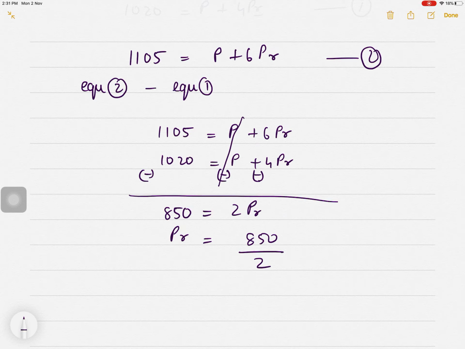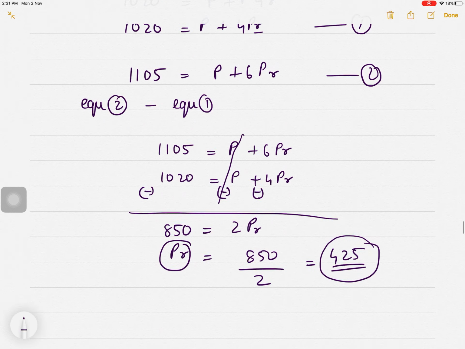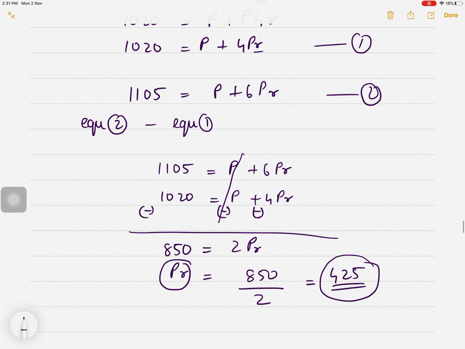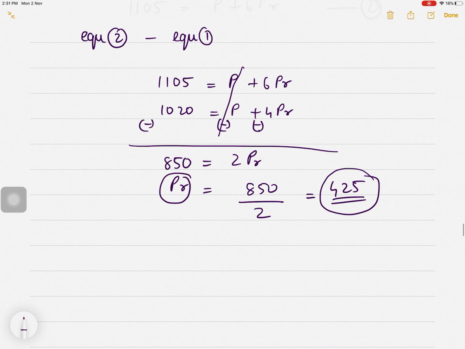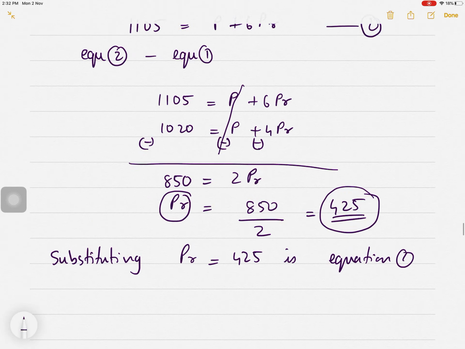So 850 upon 2 comes to 850 divided by 2, 425. Right. So PR is equal to 425. Fine. Okay. Now I know value of PR is 425. So substitute this in any one of the equations. Okay. Substituting PR is equal to 425 in equation 1.